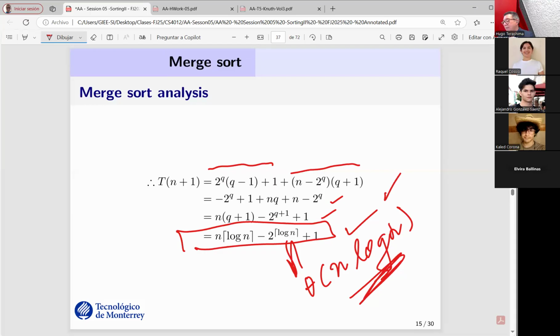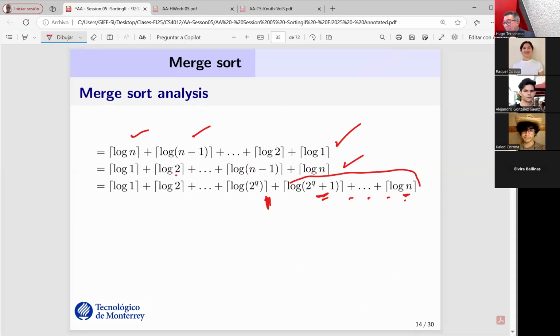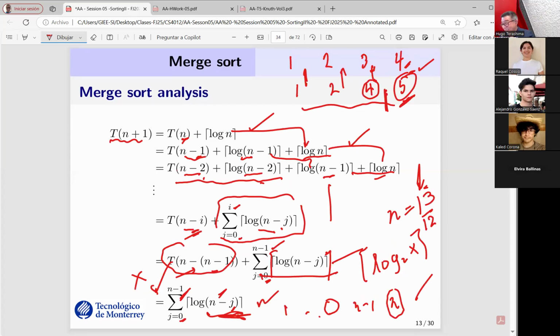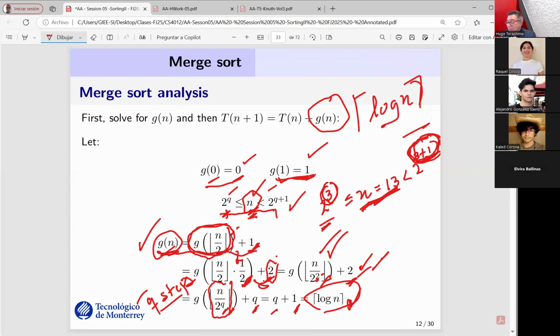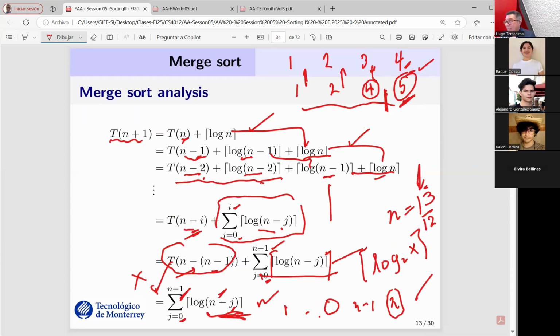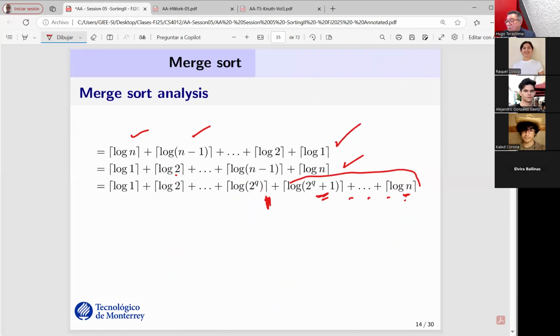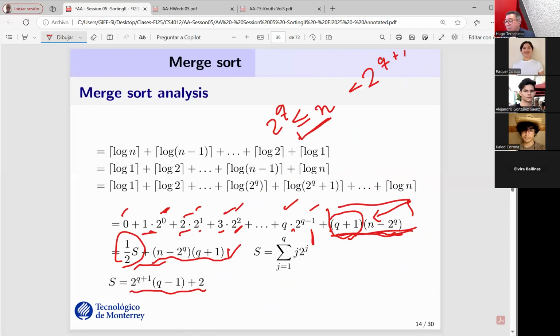So don't memorize all this stuff that I just did, but I used several tools like changing the variable, solving, returning, using the summation here in order to generate a new sum here, which is this S, solving S with the regular equation that we have, because we have this expression.